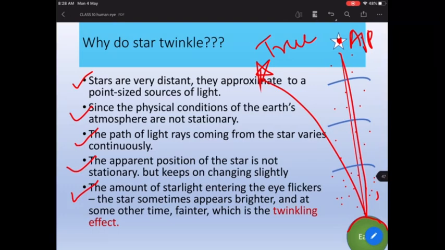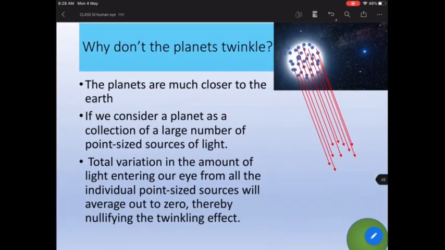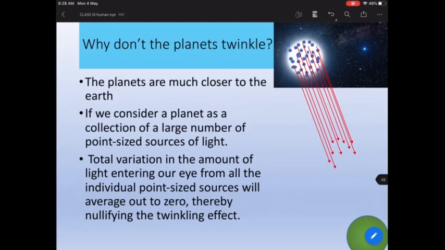See, nothing twinkles. Saksham, nothing twinkles. It is only when we see the stars from such a large distance that it appears that they are twinkling. Otherwise, they don't twinkle. Next, this would answer why the planets don't twinkle.